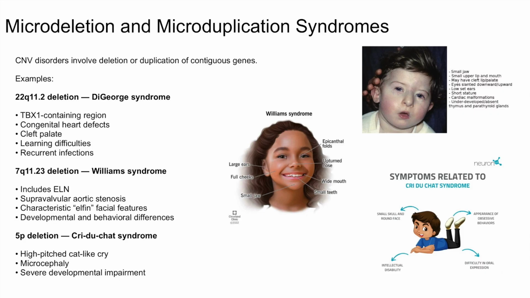A deletion of the short arm of chromosome 5 causes Cri-du-chat syndrome, or cry of the cat syndrome, characterized by a high-pitched cat-like cry in an infant. They also have microcephaly and significant developmental impairment. So these abnormalities are often detected with chromosomal microarray rather than routine karyotype.